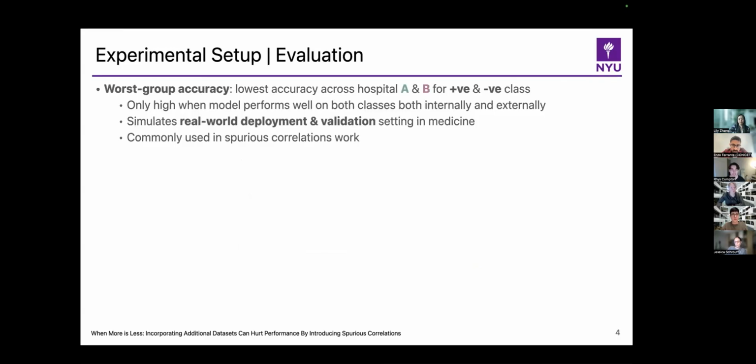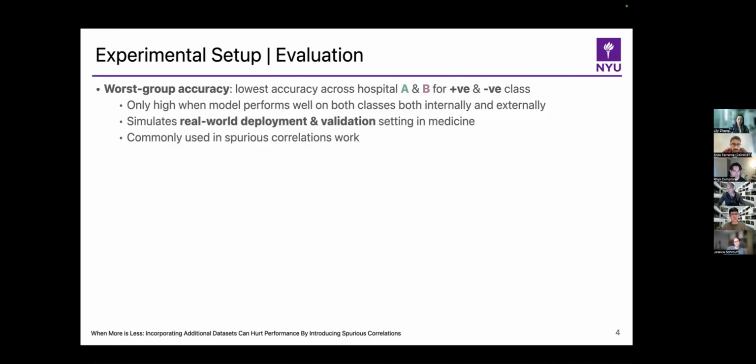The key evaluation metric that we use during our work is called worst group accuracy. We define it over two hospitals, in this case A and B, and it also looks at the positive and negative class individually. The way this works is it can only be high when the model performs well on both classes, both internally and externally.